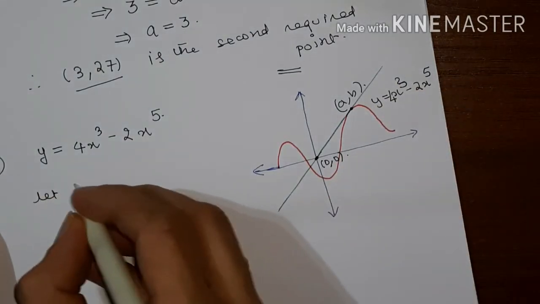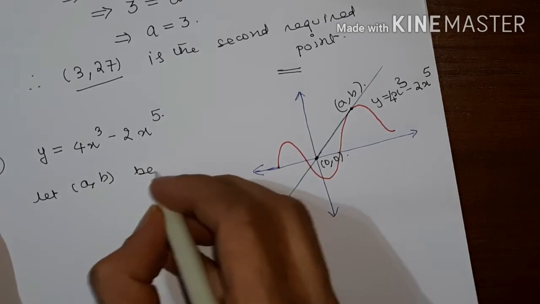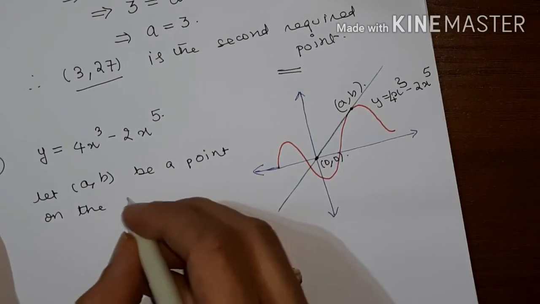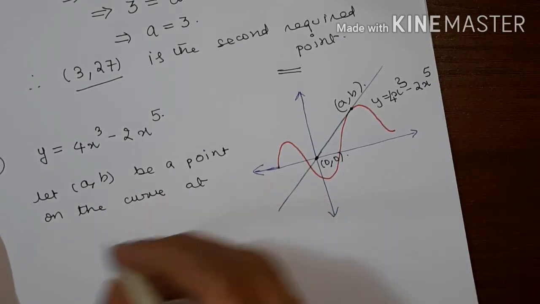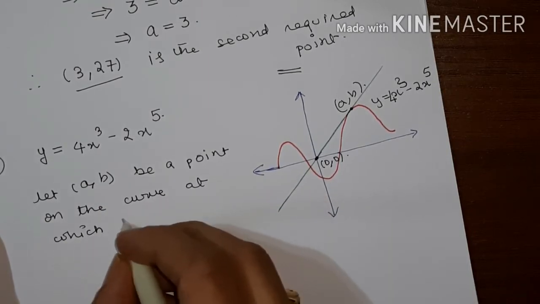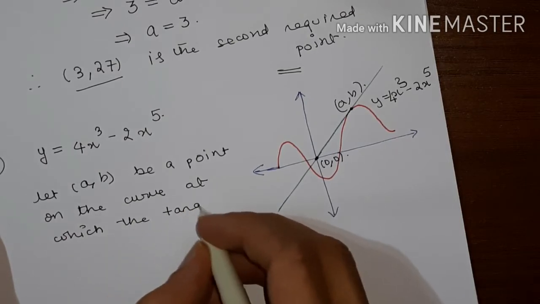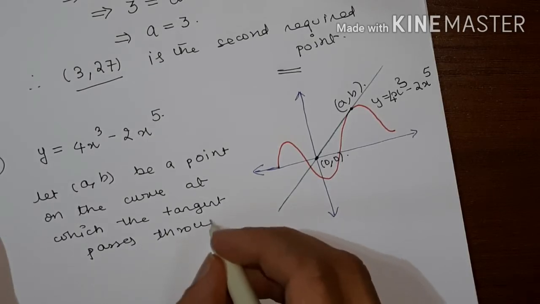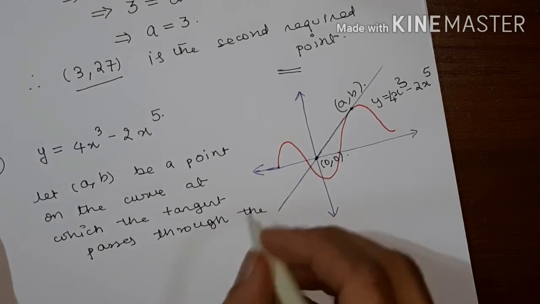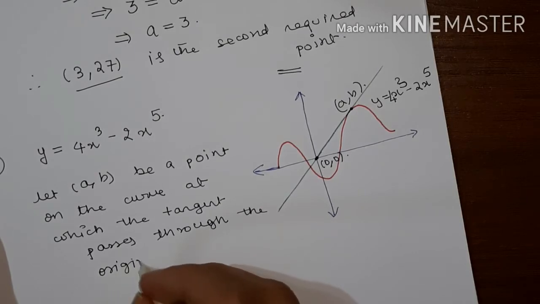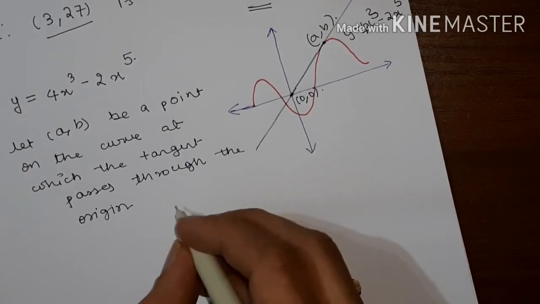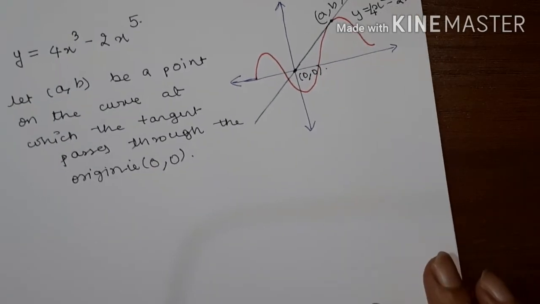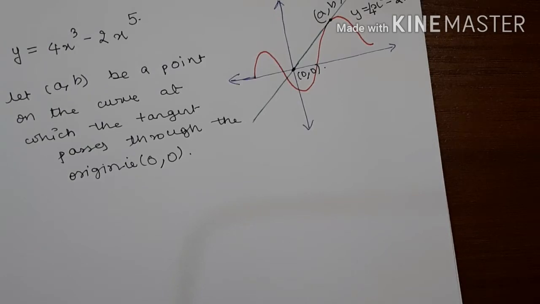So let a comma b be a point on the curve at which the tangent passes through the origin, that is 0 comma 0, right? So this is what we have to take.